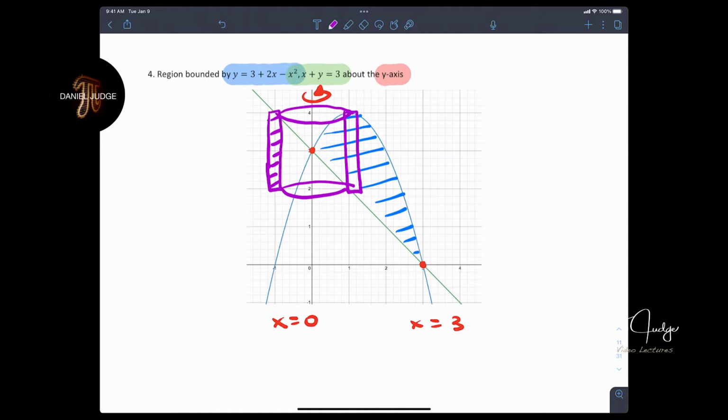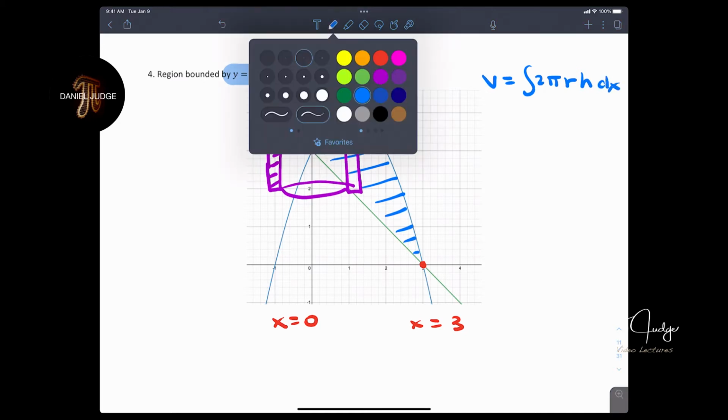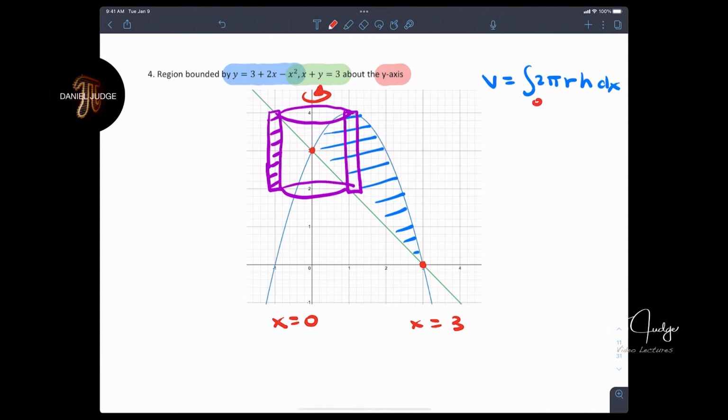So this is volume by cylindrical shells. And again, V is the integral of 2 pi r h dx. But you're going to integrate from 0 to 3 here. This is what your x values vary from, 0 to 3.